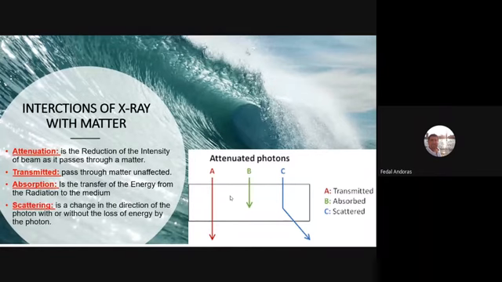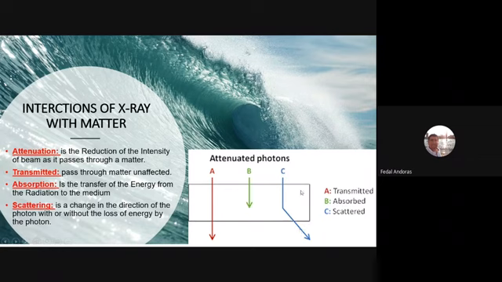Scatter, this is very important for patient protection, because some of the scattered radiation will just do harm for the patient and for the operator. So scattering is a change in direction of the photon, with or without the loss of energy of the photon. Here, the X-ray will come to the matter, hit the matter, and change direction.